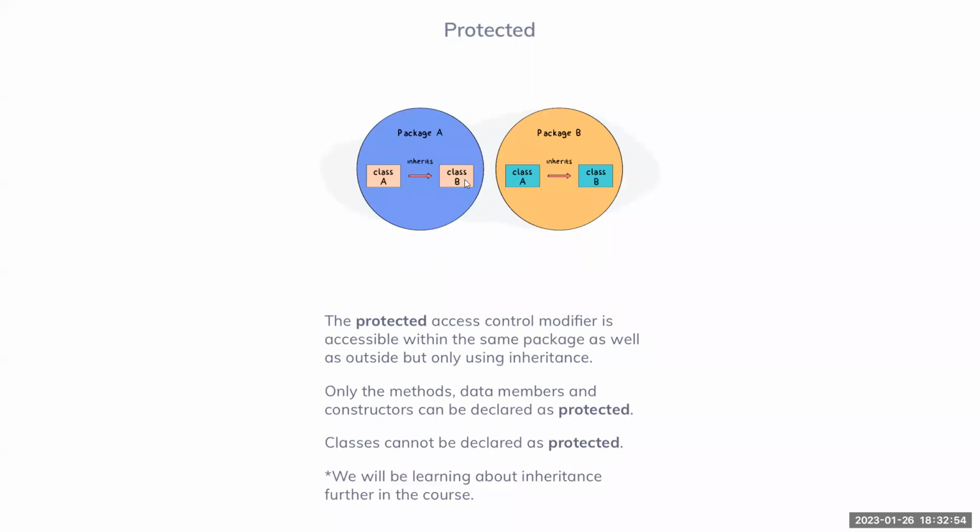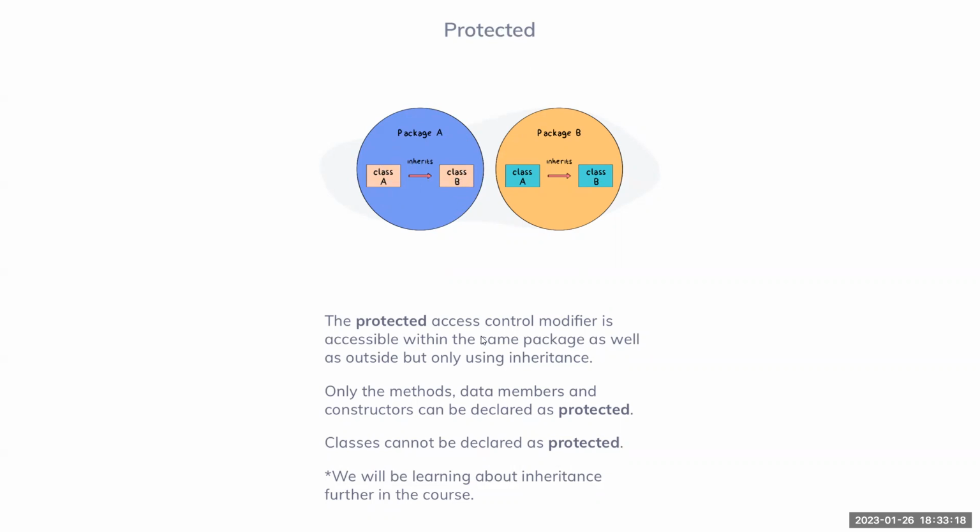You can define that variable as protected. So whenever class B inherits class A, any protected variables in class A can be used in class B as well.